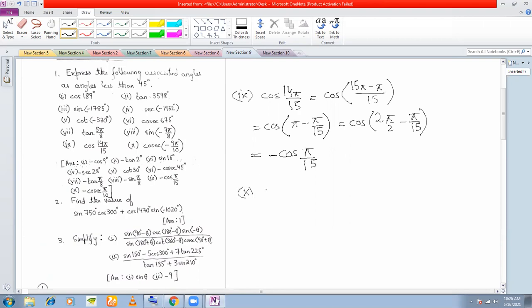Last one. Cosec minus 9 pi by 10 is equal to minus cosec 9 pi by 10, which is equal to minus cosec, write this as 10 pi minus pi.